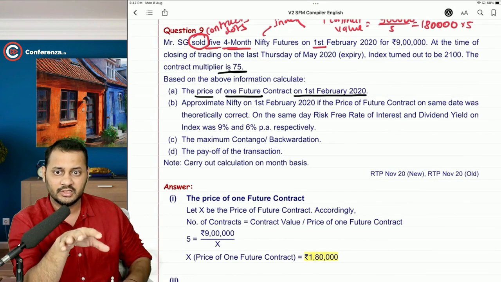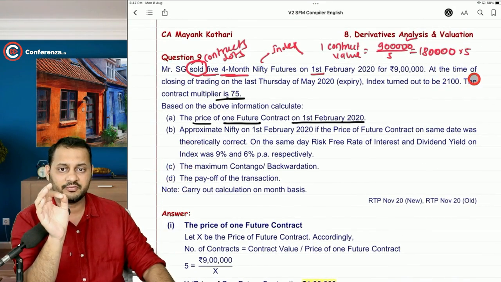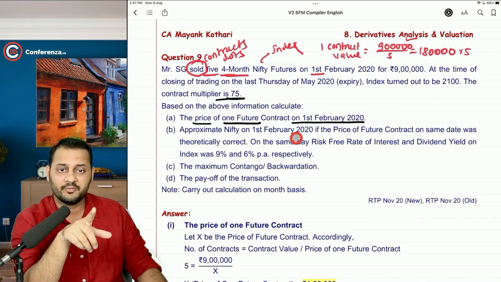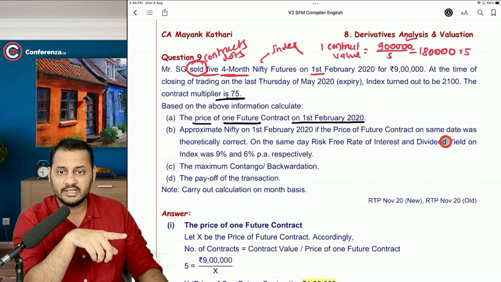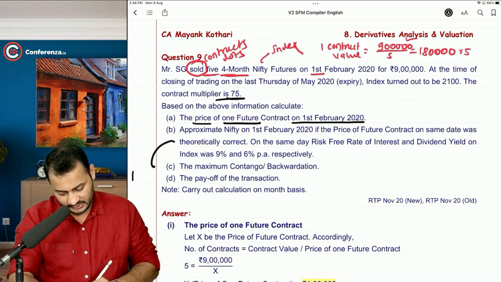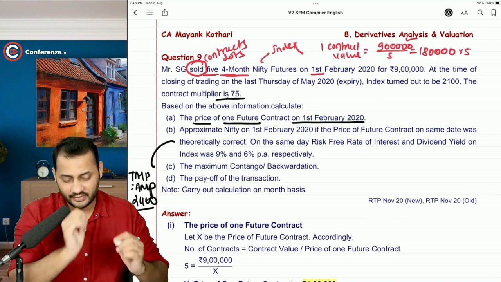Are you clear with this? Second, approximate Nifty on 1st Feb 2020 if the price of the future contract on the same date was theoretically correct. It means theoretical market price is equal to actual market price, which was 2400. How did you calculate this 2400?